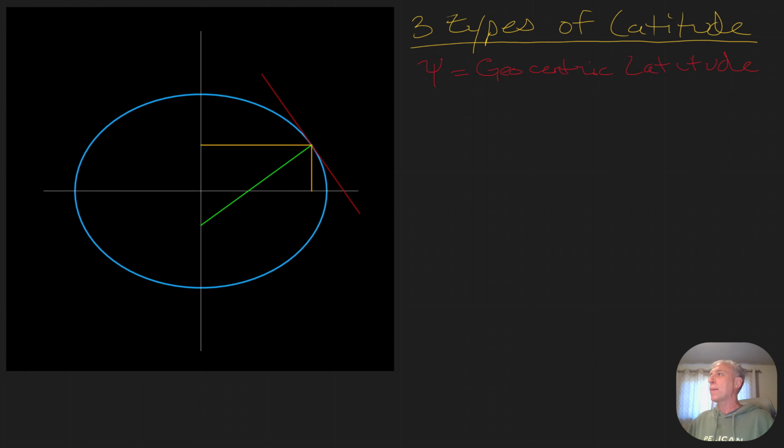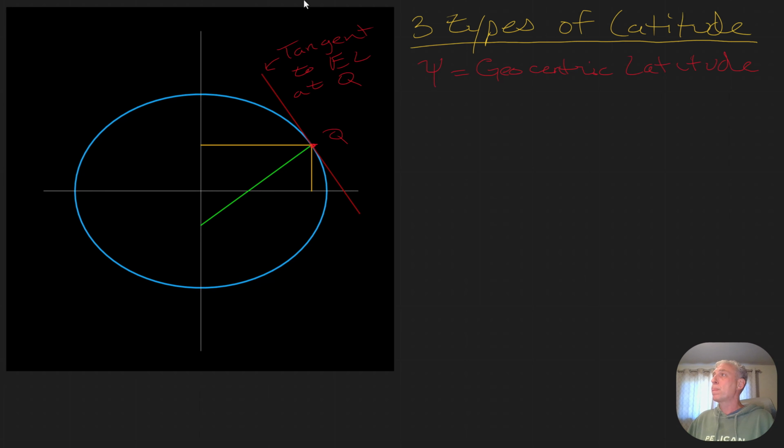The other type of latitude is, again, consider this point Q. This is the tangent to the ellipsoid, EL, at point Q. So that tangent is obviously perpendicular to the ellipsoid.